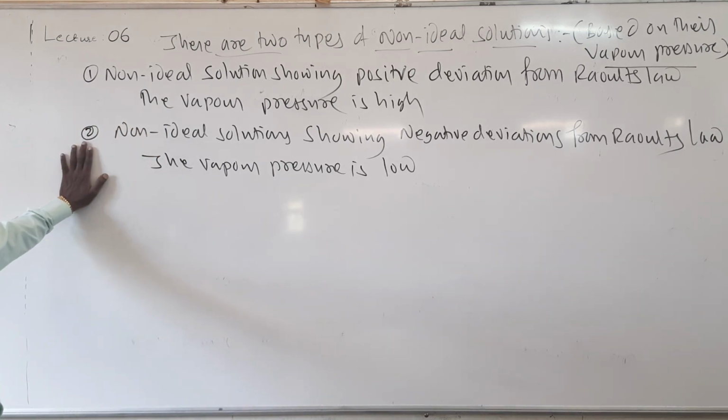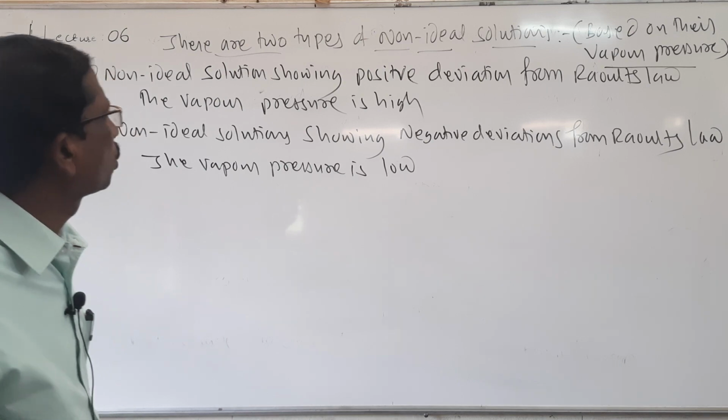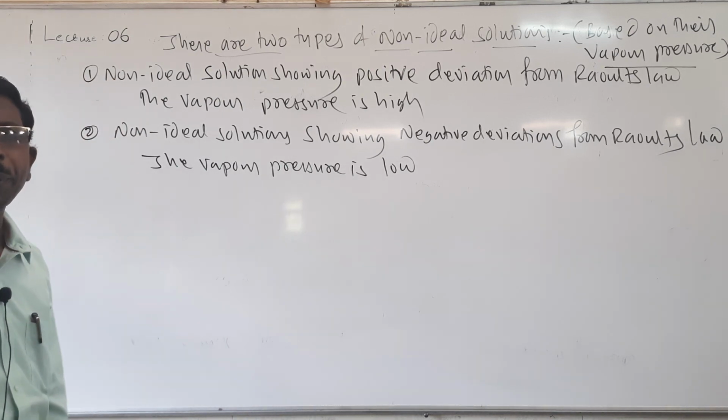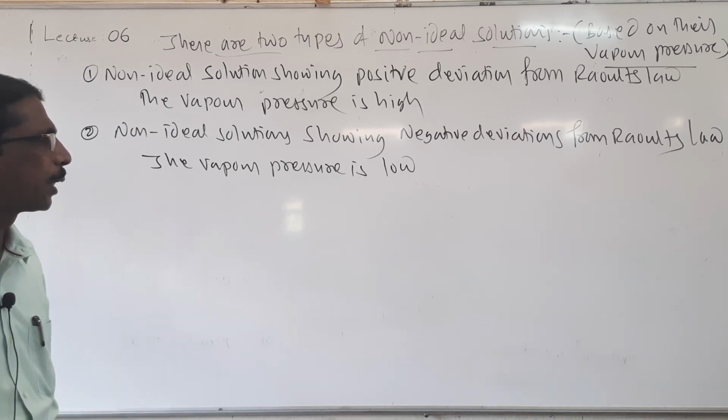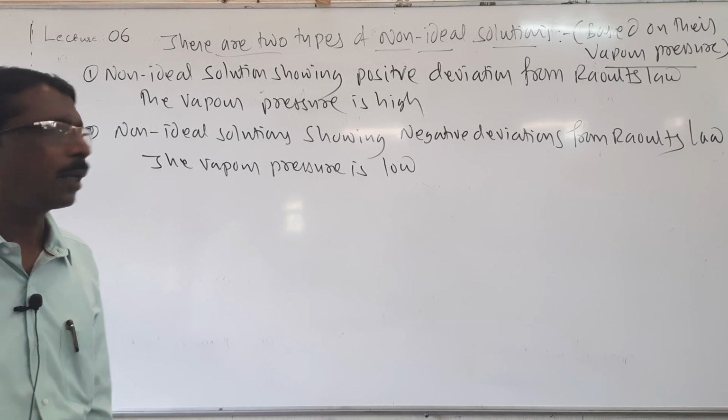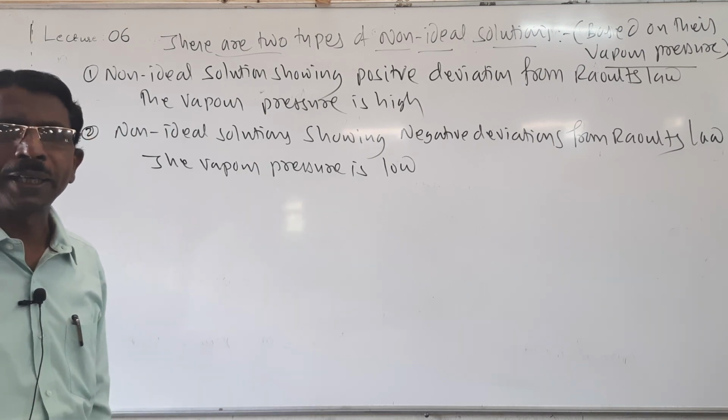So here, let us see the first one, non-ideal solutions showing positive deviation from Raoult's law, which have higher vapor pressure, and non-ideal solutions showing negative deviation, which have lower vapor pressure. Based on the vapor pressure, the non-ideal solutions are classified into two types.